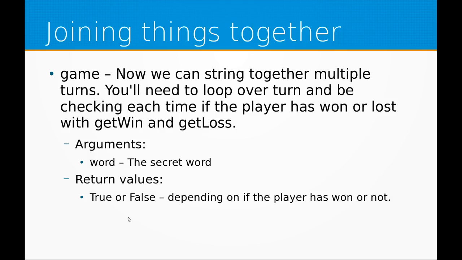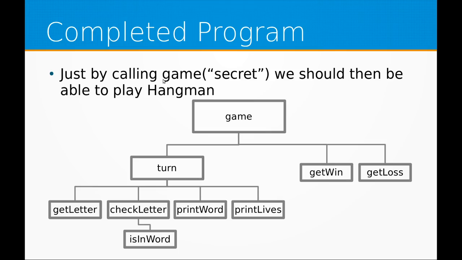There's no other way out of Hangman. You either win or you die trying. So if you've got that working, then all you need is the line game secret, and that will run an entire game of Hangman.